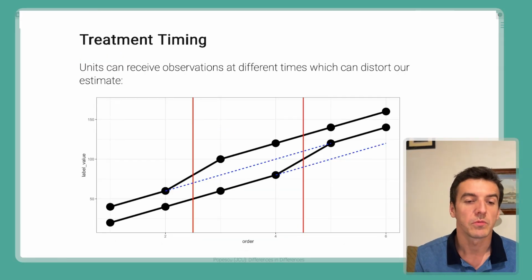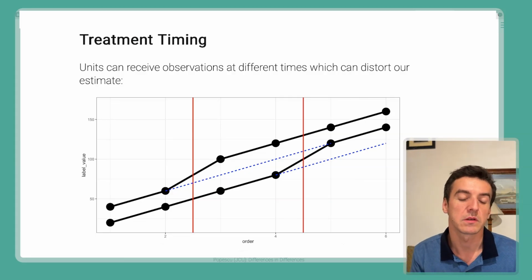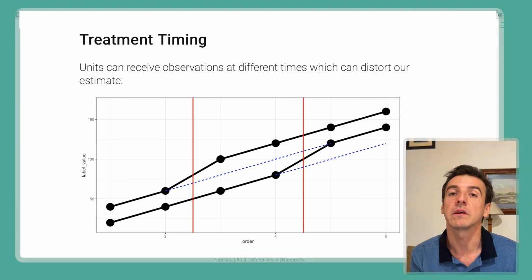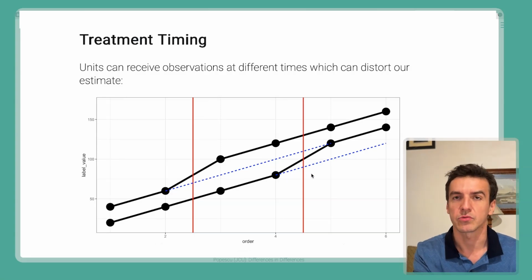This is an example of the parallel trends assumption holding, but it's also an example of units receiving treatment at different times. This is something that could distort our differences in differences analysis. Notice that we have an intervention here and we have an intervention here on the control group.